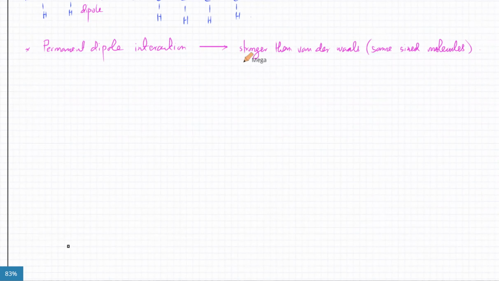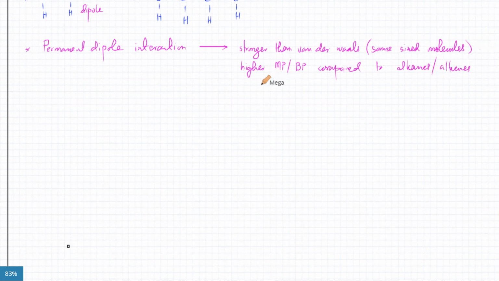Hence, they have higher melting and boiling points compared to alkanes and alkenes, since those only have van der Waals forces.